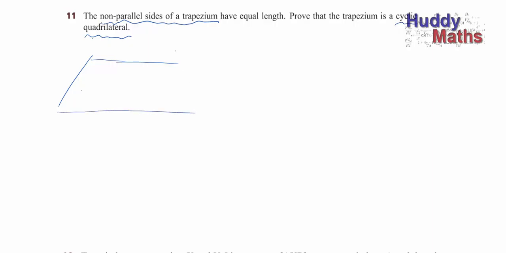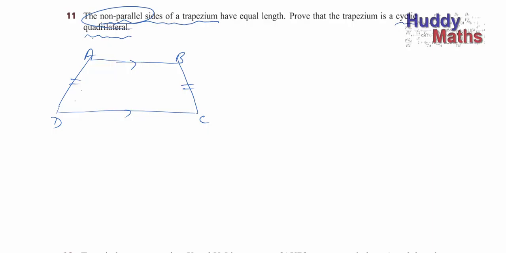So here we have a trapezium like this, and let's call it A, B, C, D. Nice and easy, fairly large diagram there. And these are the parallel sides. And the non-parallel sides are equal in length. So that's our basic diagram now.